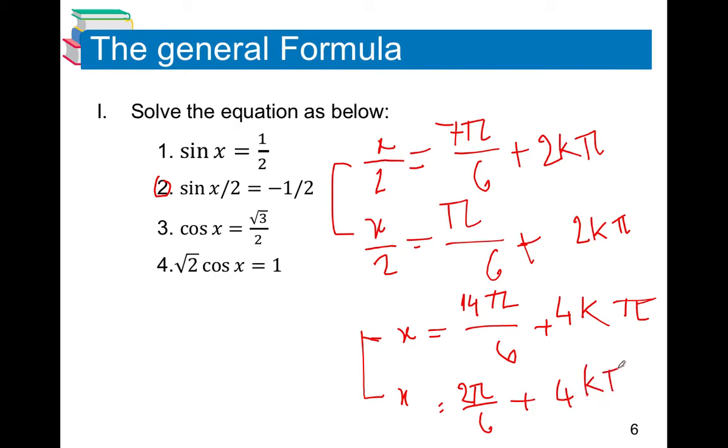This is not the final answer, we just simplify. Actually 14 can divide by 2 and 6 also divides by 2, so we can simplify. This is the final answer.